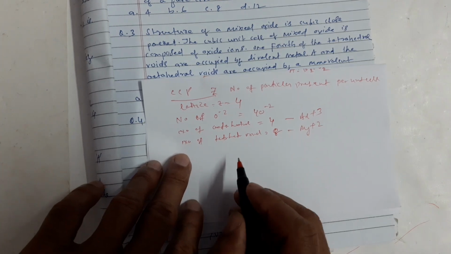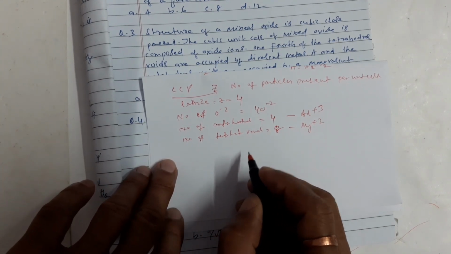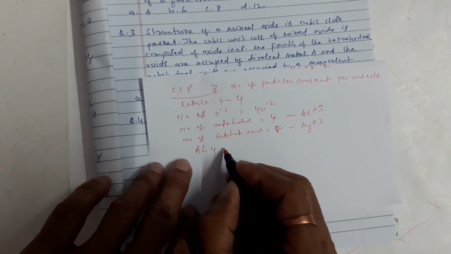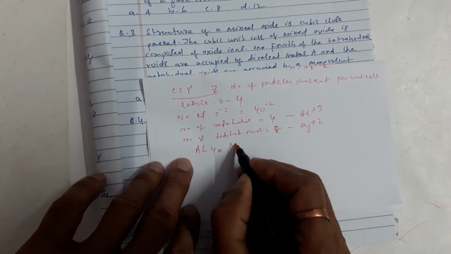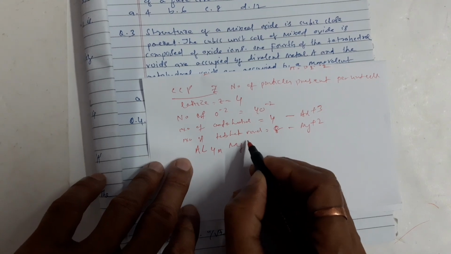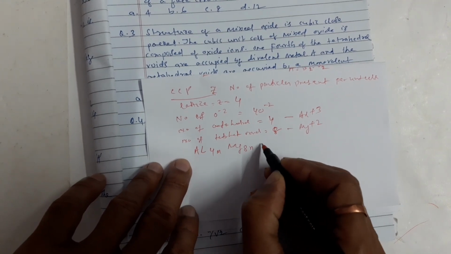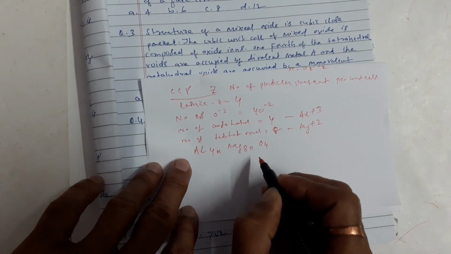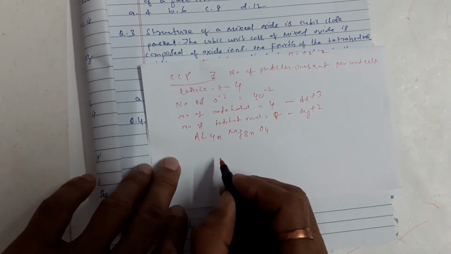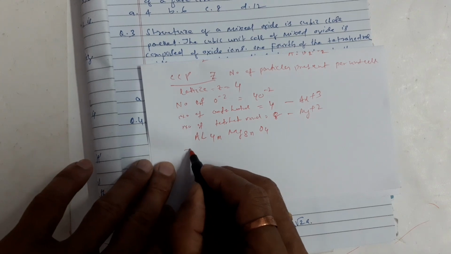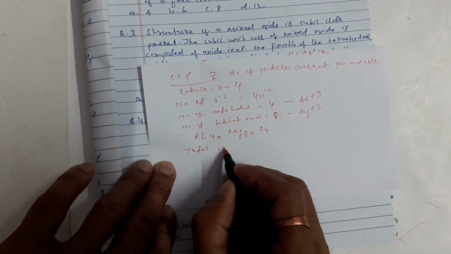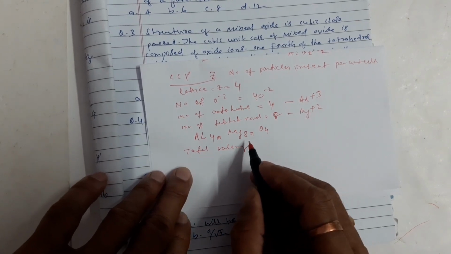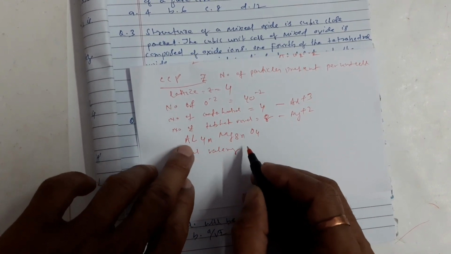So you will get the formula Al4m Mg8n O4. Then calculate the total valency. We know the total valency of a compound is always 0. The summation of total valency is 0.